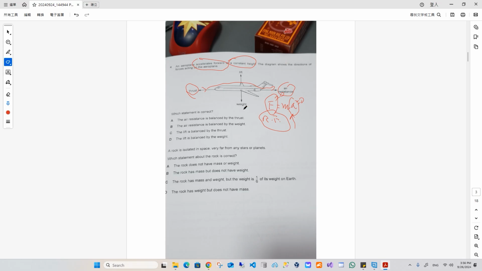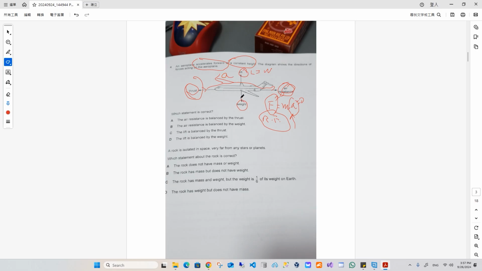When you add them together, they give a zero sum, so the lift equals weight. These two forces are actually equal. If this force were greater than that force, it would give me a direction this way with a resultant acceleration.